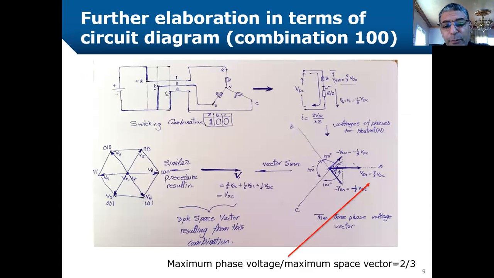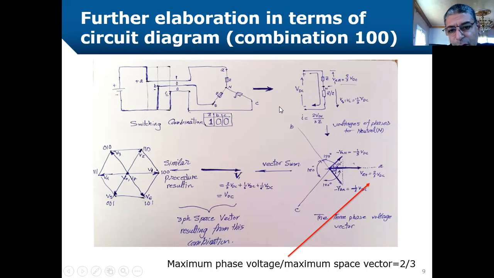To get a representation of the space vectors associated with these 8 states, we will give an example. For example, the switching combination 1, 0, 0, where 1 means upper switch A is connected to the positive rail, B is 0, meaning connected to the negative rail, and C is 0, connected to the negative rail.